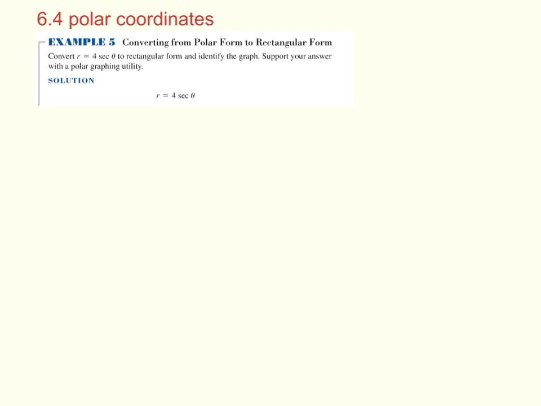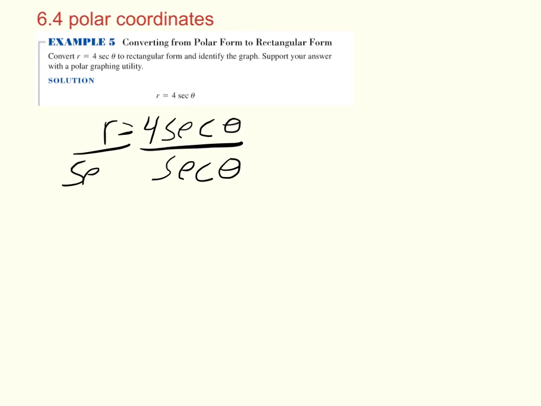we can see that if we took our equation, R equals 4 secant theta, and let's go ahead and try to get rid of this, divide both sides by secant theta.